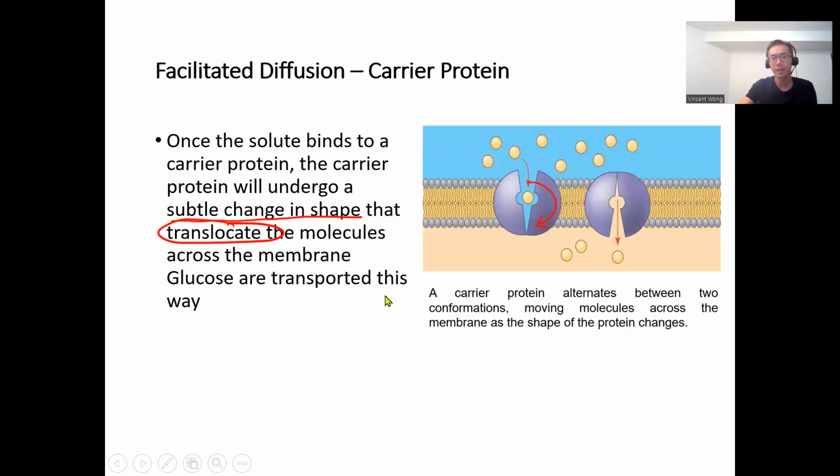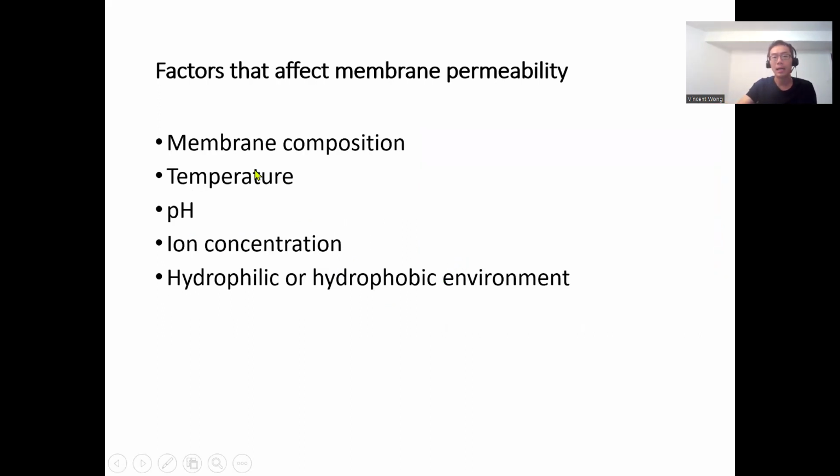Okay. So these proteins will affect the permeability of the membrane. Sometimes the composition, as we learned, also affects the permeability, right? How much saturated fatty acid is in the membrane, how much cholesterol is in there. All these would affect the fluidity, therefore the permeability of the membrane, right?